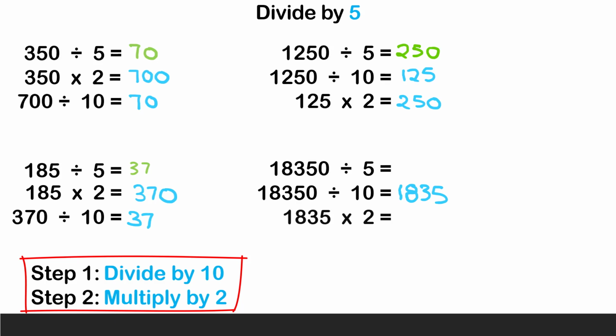So 1835 multiplied by 2. Use the doubling trick from left to right and you will get the answer as 3670. So 18,350 divided by 5 equals 3,670. This is a great, easy and fun way to multiply and divide by 5.